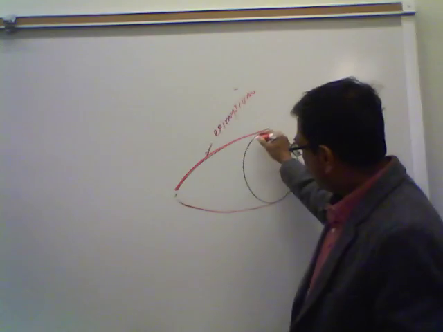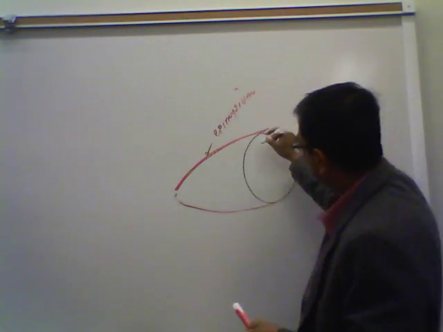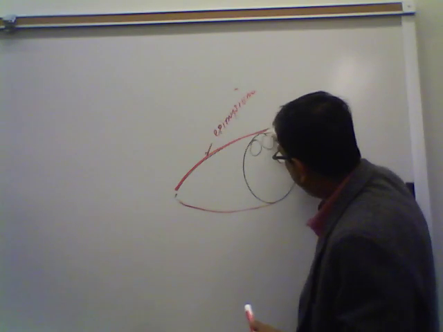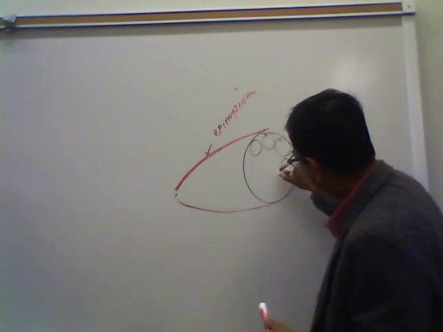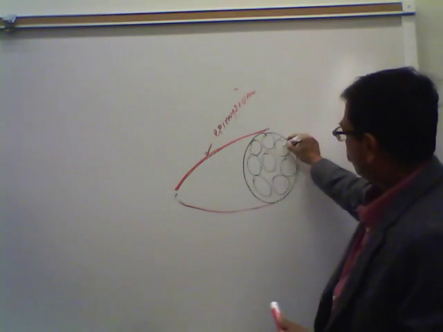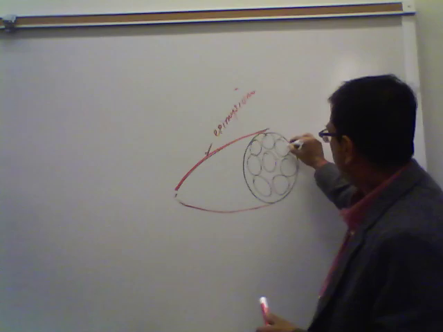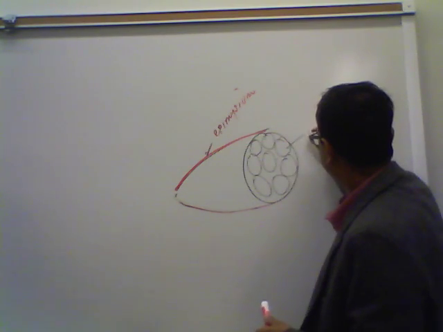Then inside the muscle you have column-like structures. So these columnar structures inside the muscle are called fascicles.